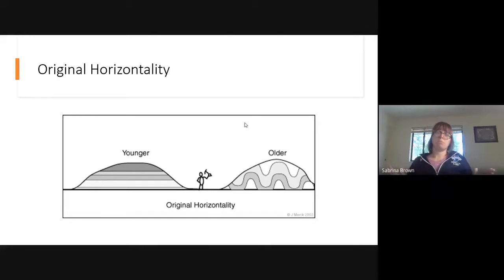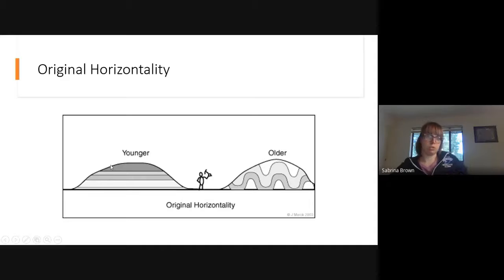So the principle of original horizontality states that rocks are deposited horizontally. And so if you see rocks that are deformed, that are folded, that are faulted, that are not in horizontal layers, that are tilted or folded, we know that the tilting and the folding happened after they were originally deposited, right?